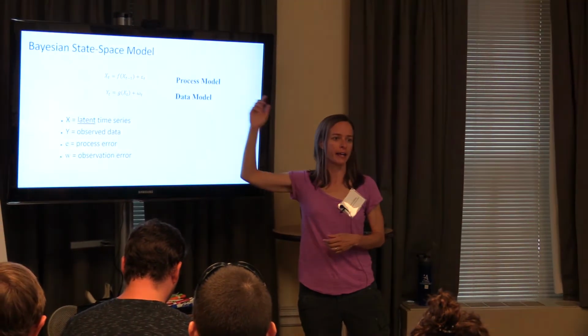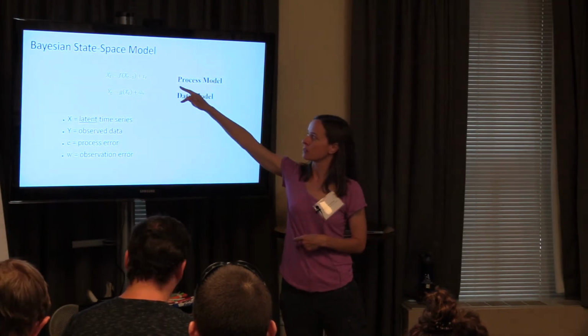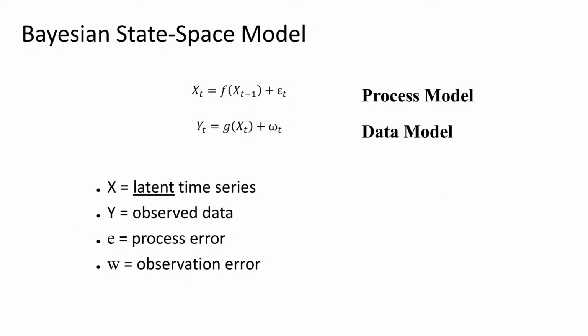So the other part of this is that you have that data model. We're out there measuring y and then interpreting x, right? So you have your process model, which is the f, which is the x's. So now we have moved from x's as always representing your predictor variable, okay?